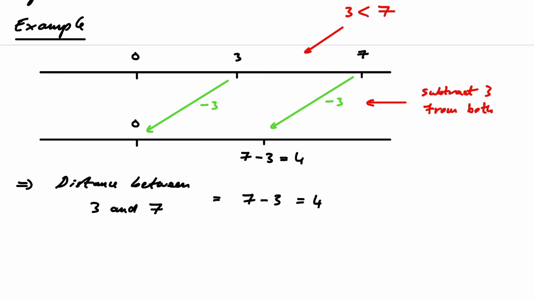So 3 and 7 were positive, and 7 was bigger than 3. So we took away 3 just to make it really obvious what was going on, so this kind of fit together. Imagine for a moment, if we weren't too sure which was bigger, 7 or 3, would it still work if I'd mixed up the order? Well, notice the following. Notice that 7 minus 3 is positive, so it's certainly equal to the absolute value of 7 minus 3.